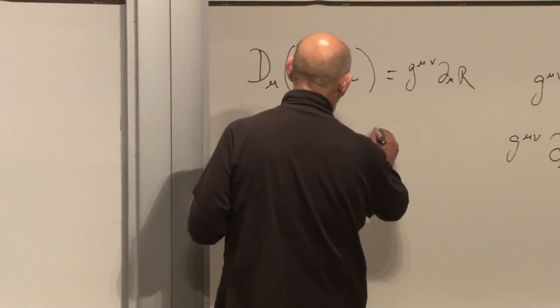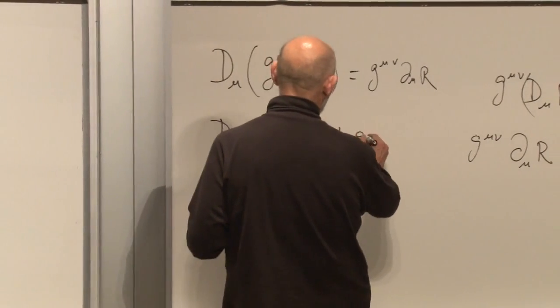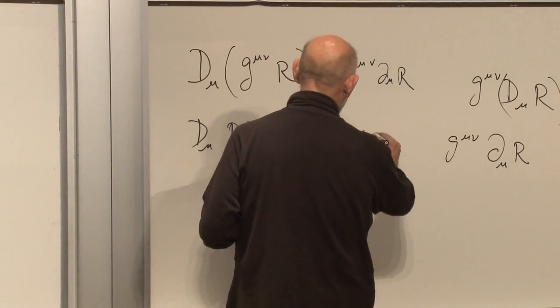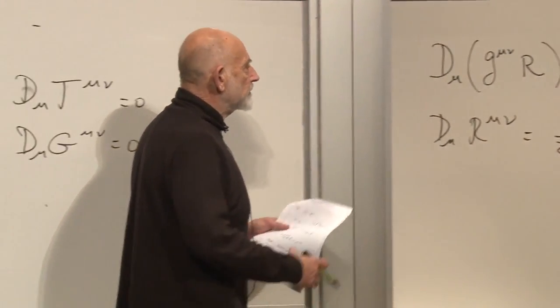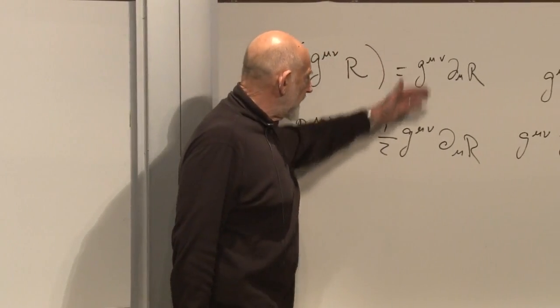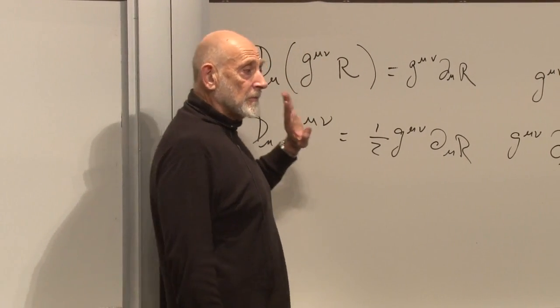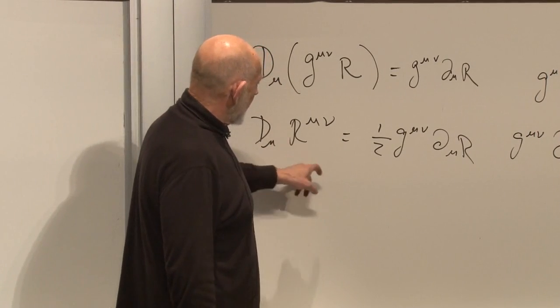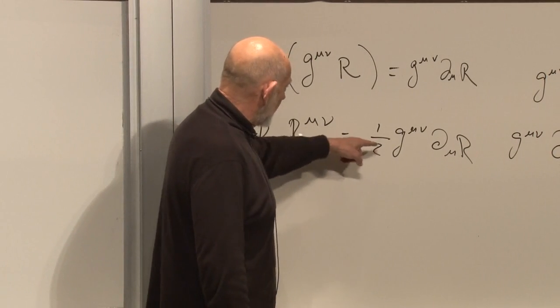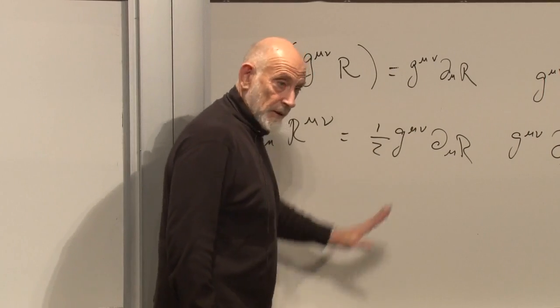It's equal to 1/2 g mu nu D mu r. Again, it can't be 0 for the same reason that this one can't be, and it happens to be exactly 1/2 the corresponding covariant derivative.